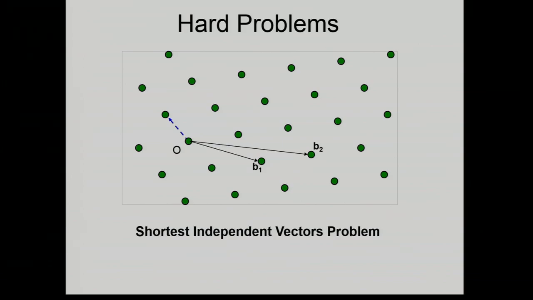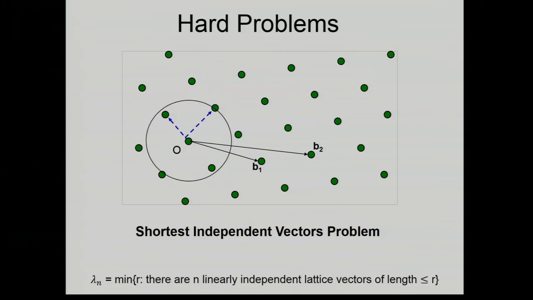Think about it. I say, well, look, this guy is the second shortest vector. Beautiful, right? Well, that's not an interesting second shortest vector. The interesting second shortest vector is one that is linearly independent from the first shortest vector. And that is, as it turns out, this guy, which is a little bit longer than the first one.